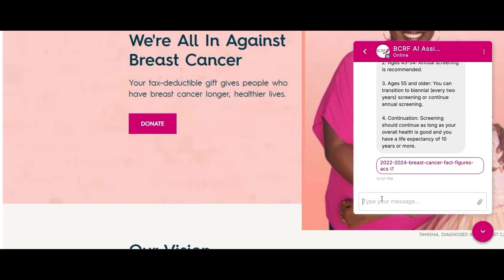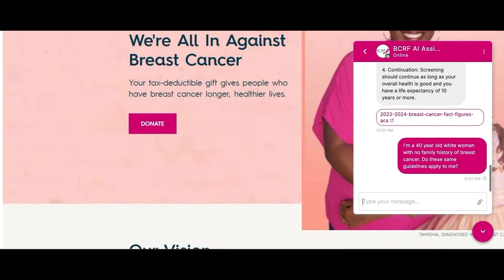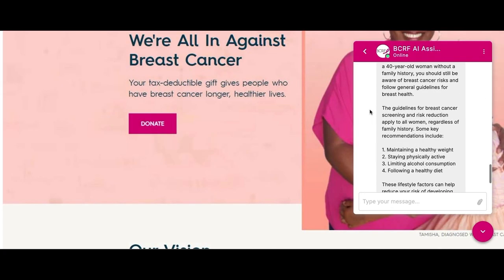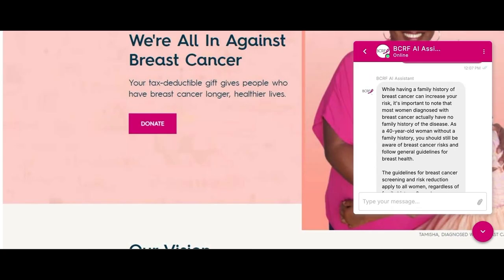Now let me ask a follow-up to this one here, right? So you can see here how it is deriving the information, extracting the information from the available content and data, and it's personalizing the response to a specific query.